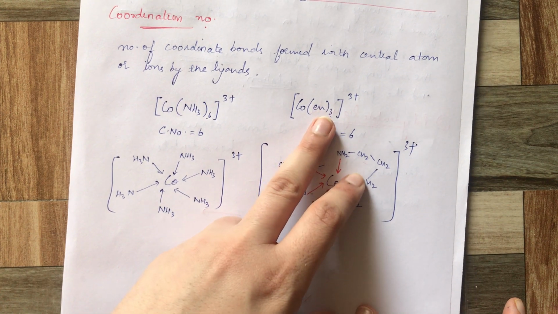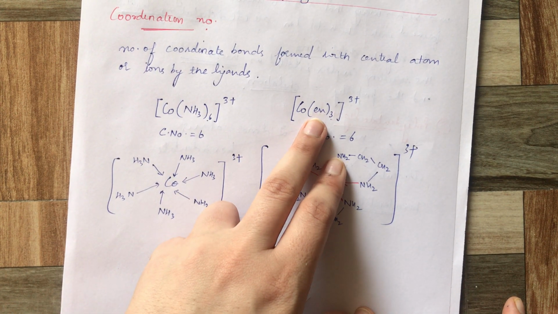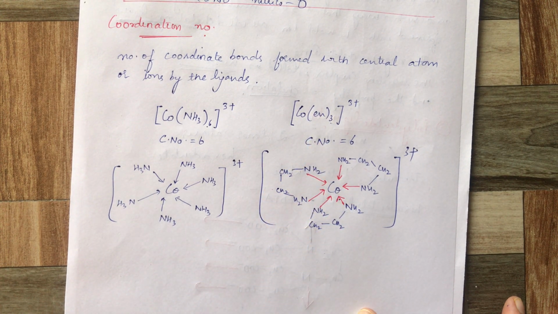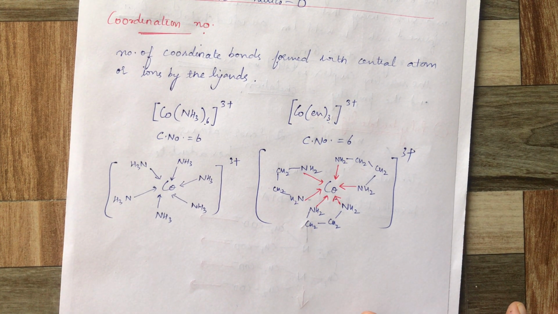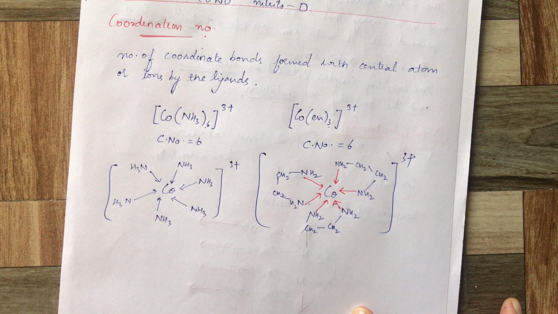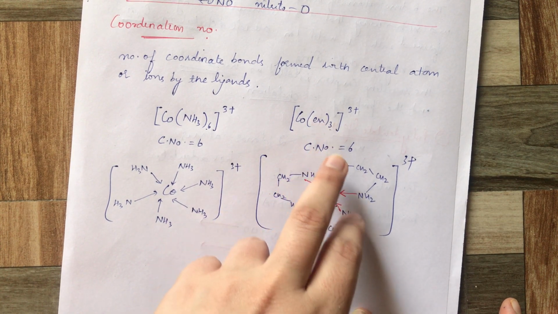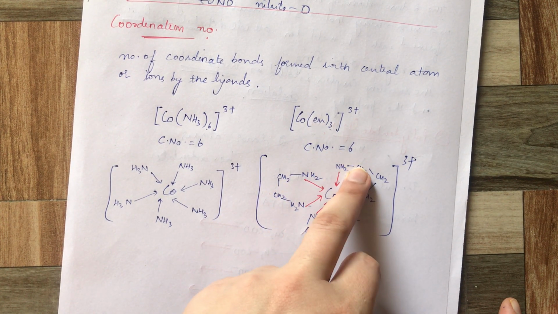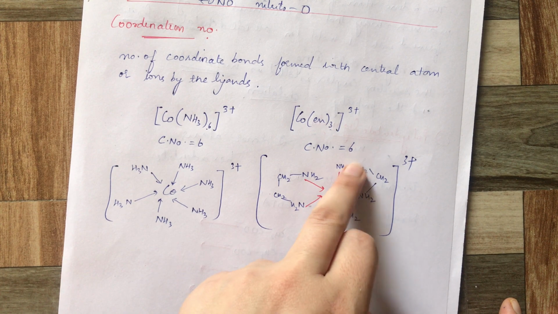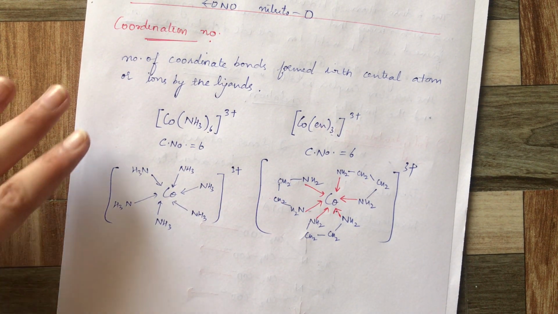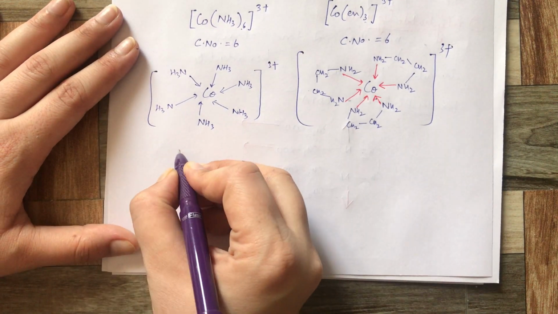But if it is a bidentate or polydentate ligand, then you have to see how many donor atoms that particular ligand is contributing. So it seems 3, but actually there are 6 coordinate bonds and the coordination number is 6. This is how a coordination number is calculated.